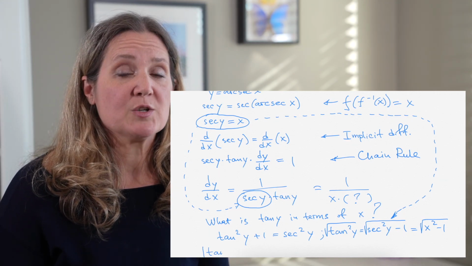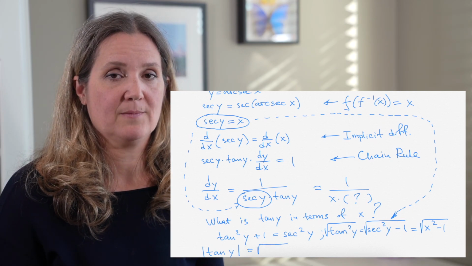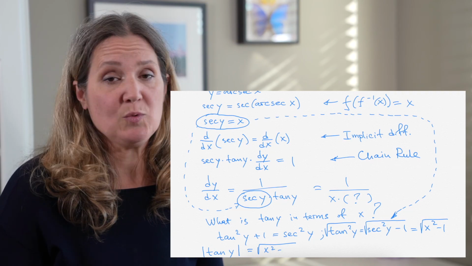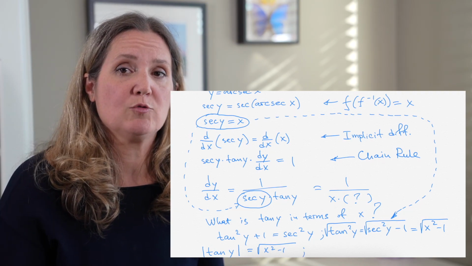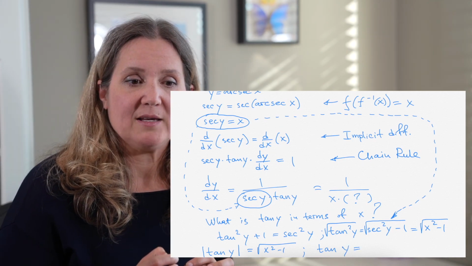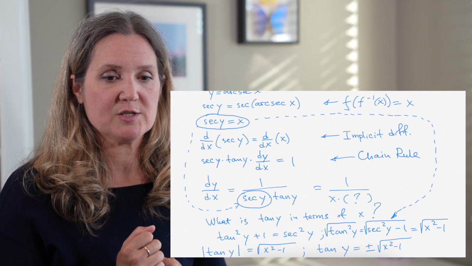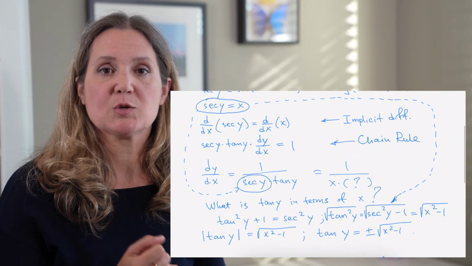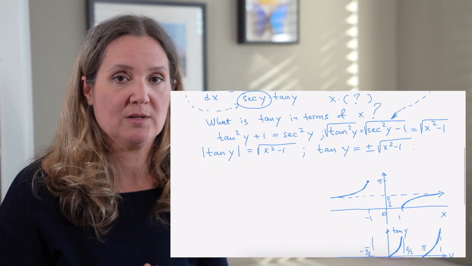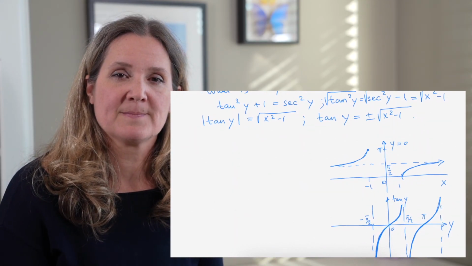Square root of tangent squared of y is the absolute value of tangent of y, which is equal to something we cannot simplify any further, that's the square root of secant squared of y minus 1. The tangent of y can be either plus the square root of secant squared of y minus 1 or minus the square root of secant squared of y minus 1. Which is it? Is it plus or minus?